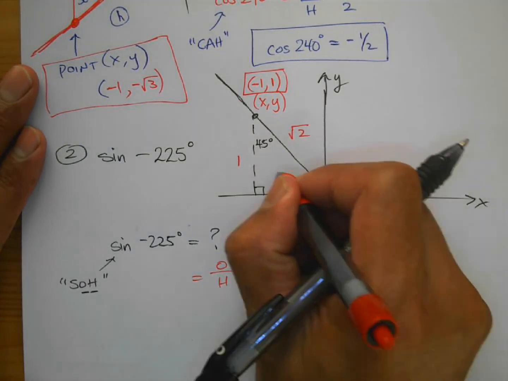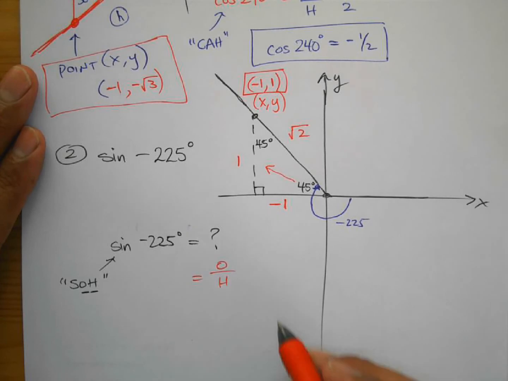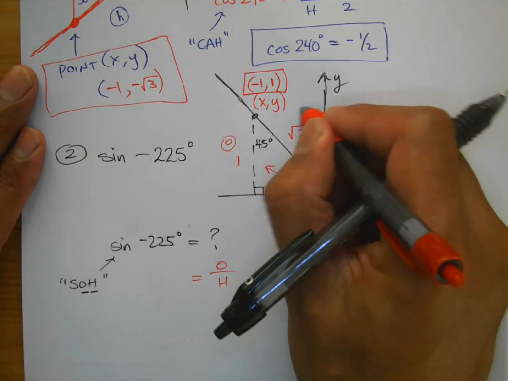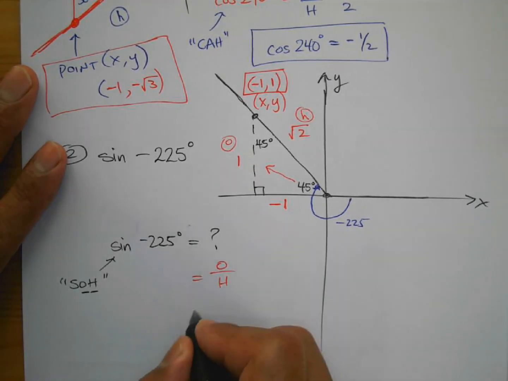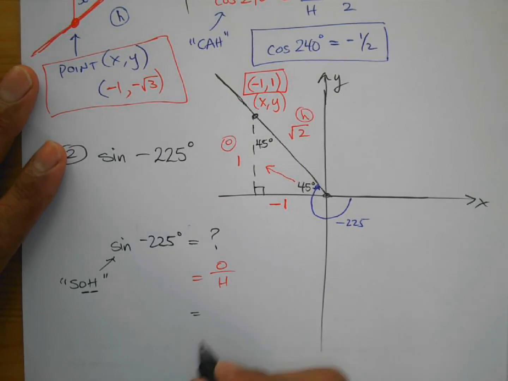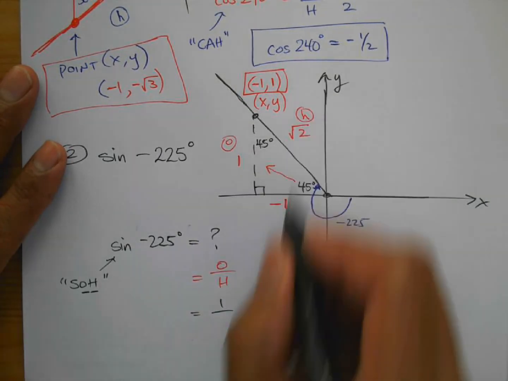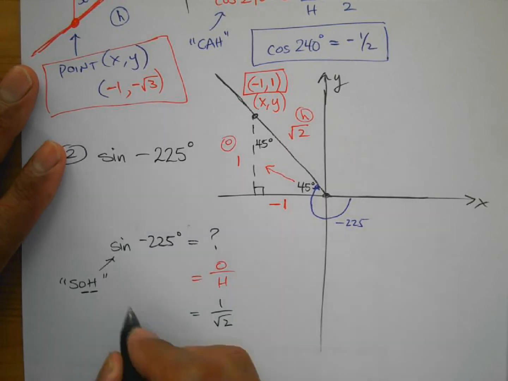Opposite of the reference angle. Opposite over hypotenuse. So you're going to get positive 1 over the square root of 2.